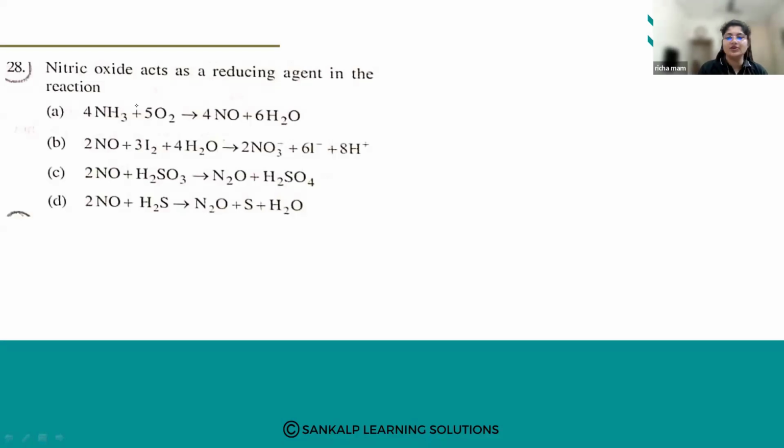So what you have to do, again, you have to see the oxidation state, right? If there is an increase in oxidation number, then it is oxidation. If there is a decrease in oxidation number, then it is reduction. So you have to check the oxidation number. Yes, try to answer.